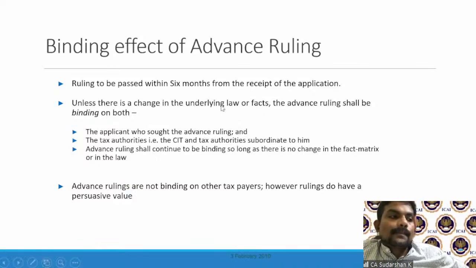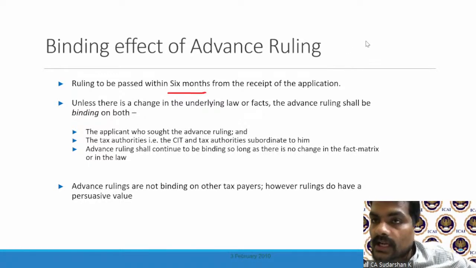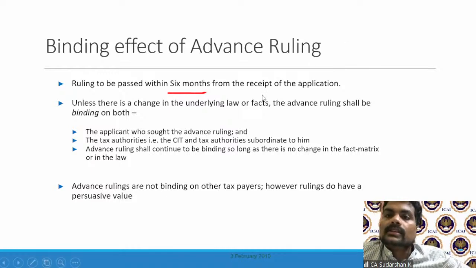And as I mentioned to you, the biggest selling point was within 6 months. But unfortunately, because of lack of appointments, 6 months went to 2 years, 3 years, 4 years. But now, after BAR, we can hope that the advance ruling will come within 6 months.